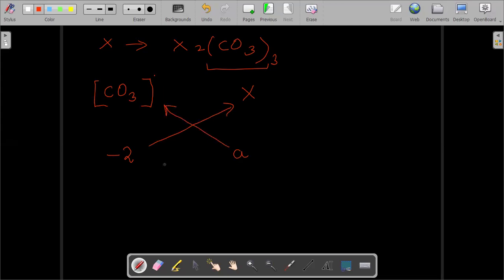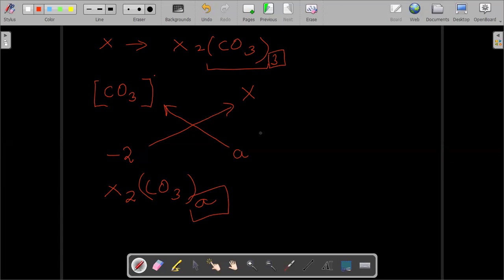So the formula would be X2(CO3)A. We are multiplying A to the CO3, so it becomes A. So clearly we observe A is equal to 3.